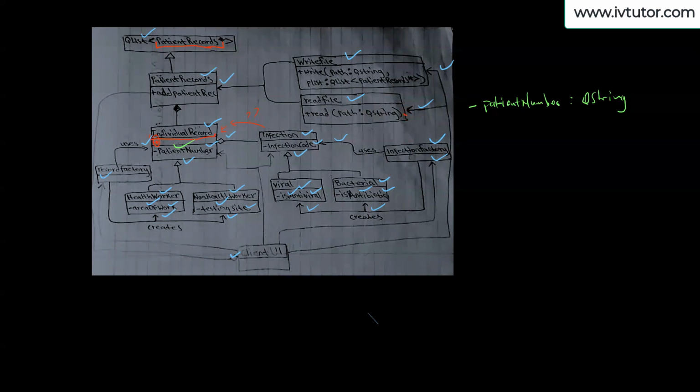So this would then return your patient records instance, which is this guy. Your writer, in this case, receives a path, which is where it's writing, and it also receives your QList of patient records, which is also okay. So I think your write function is fine.